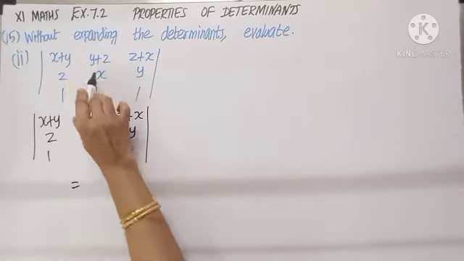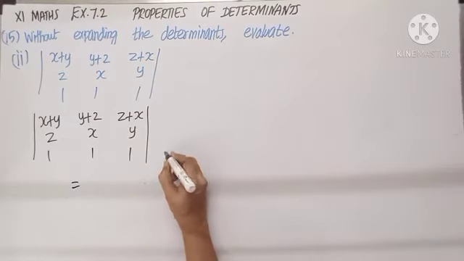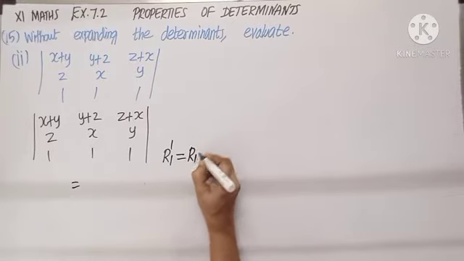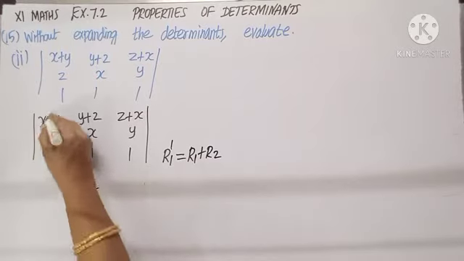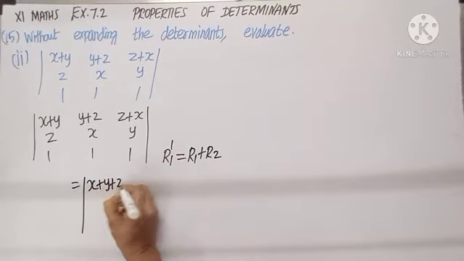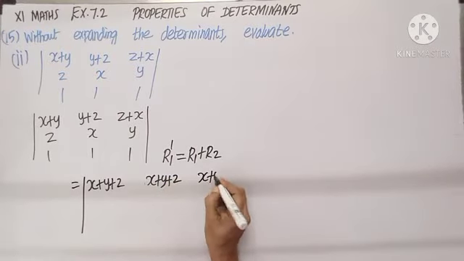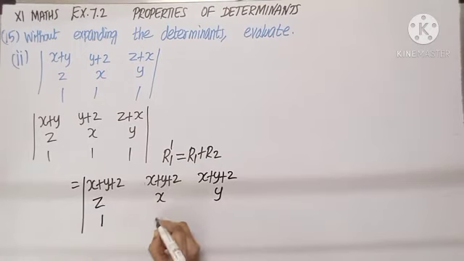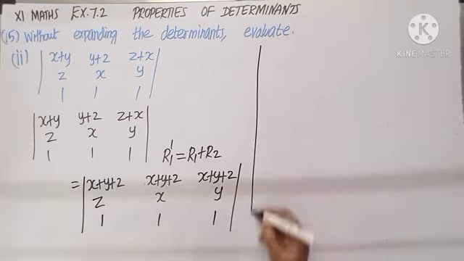This also becomes x + y + z, and this also becomes x + y + z. So new R1 is R1 plus R2. So what is my answer? x + y + z, second also x + y + z, third also x + y + z. As I see, x + y + z is common in row 1.